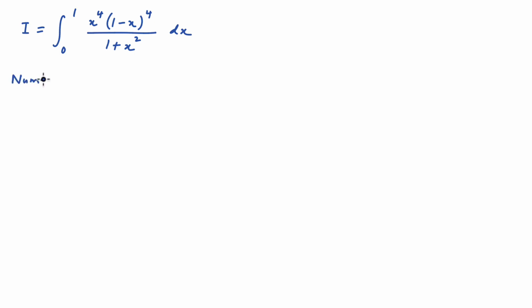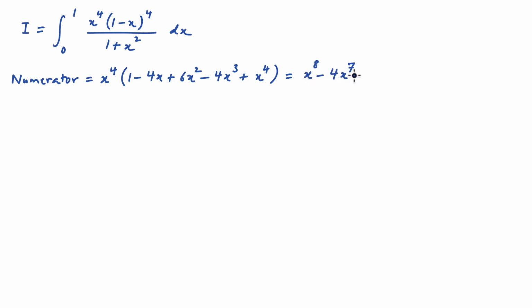The numerator is equal to x raised to the power 4 multiplied by 1 minus x whole raised to the power 4. Using binomial theorem, this becomes x raised to the power 4 times, in brackets, 1 minus 4x plus 6x square minus 4x cube plus x raised to the power 4, which becomes x raised to the power 8 minus 4 times x raised to the power 7 plus 6 times x raised to the power 6 minus 4 times x raised to the power 5 plus x raised to the power 4.